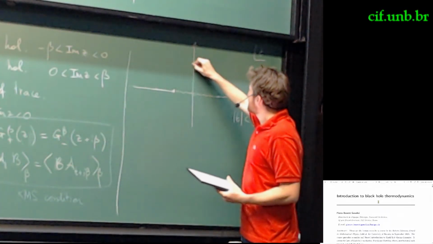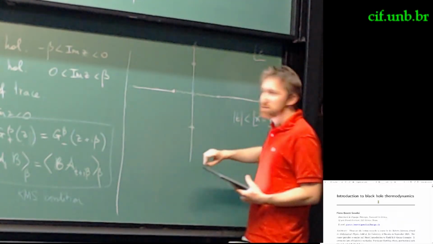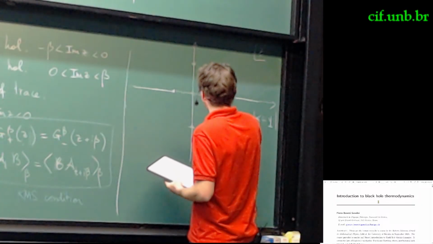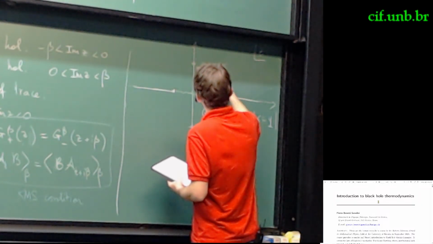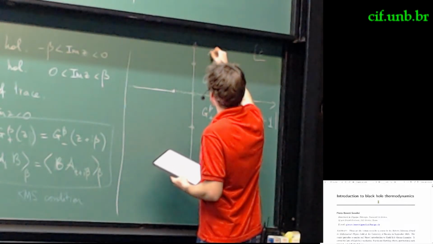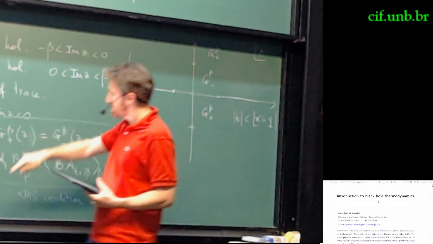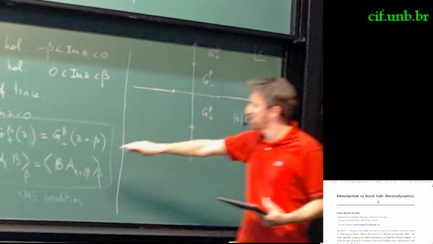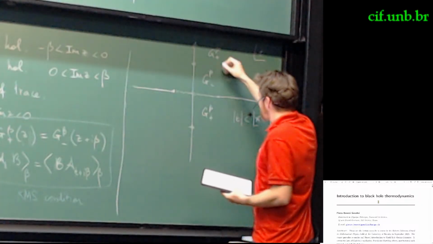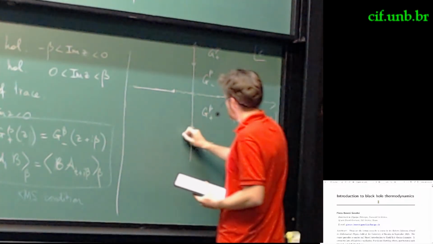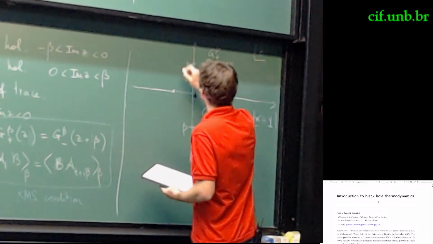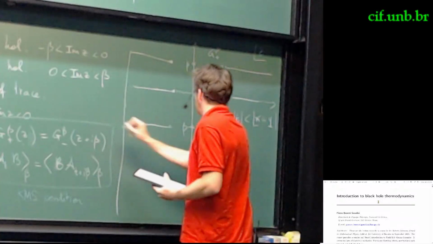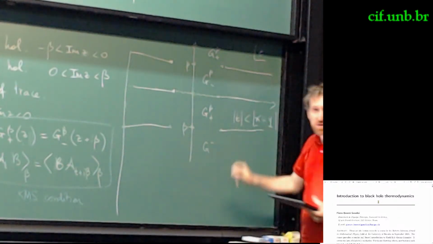And then at imaginary Z equals beta, I will have either G minus or G plus beta, and then here I will also have G plus beta, because I can extend them indefinitely, right? Because using this periodicity, I can construct this, and here there's a G minus, this is beta, and here I have the same analytic structure. I have a pole, and I have something that I don't care about.